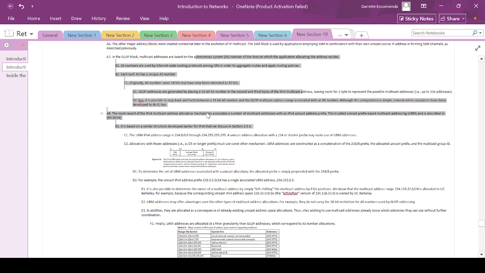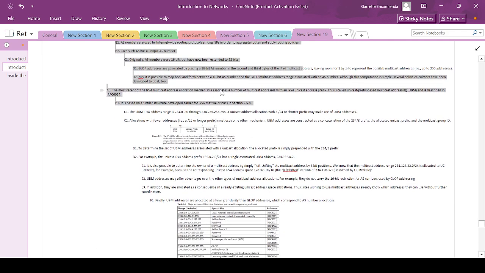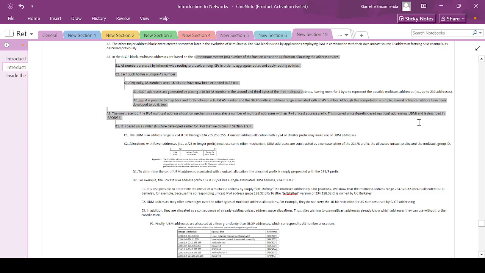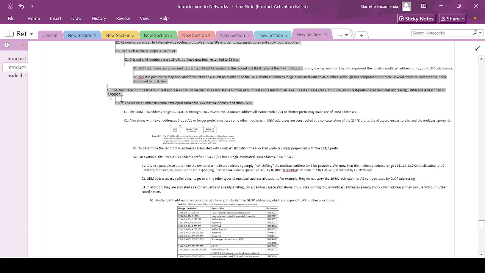Thus, it is possible to map back and forth between the 16-bit AS number and the GLOP multicast address range associated with an AS number. So this is how the ISPs automatically aggregate routes and apply routing policies. Although this computation is simple, several online calculators have been developed to do it too.